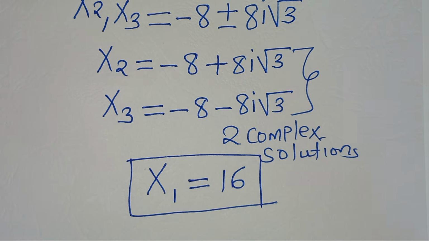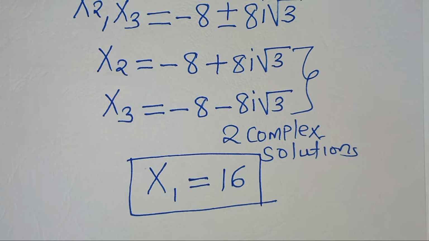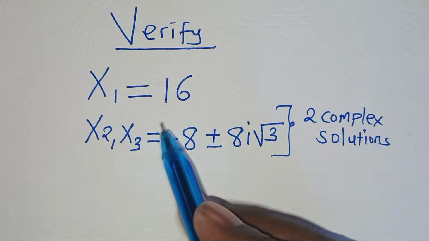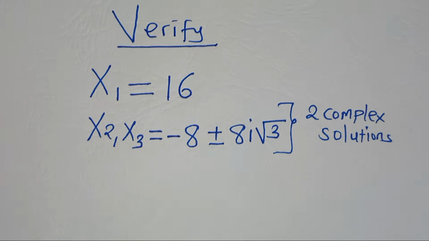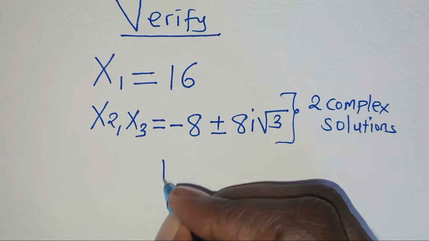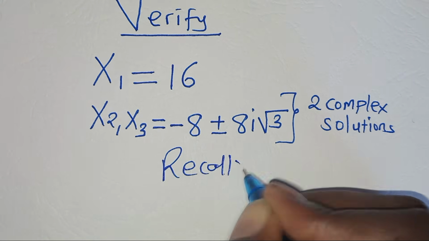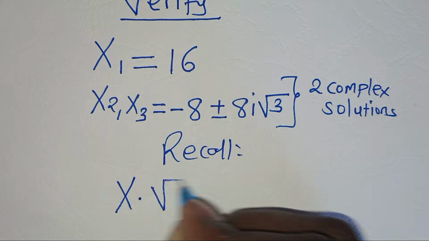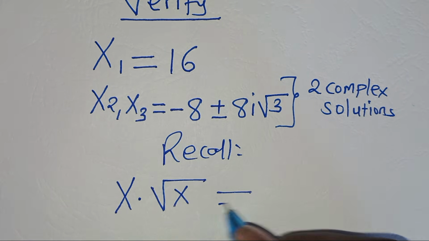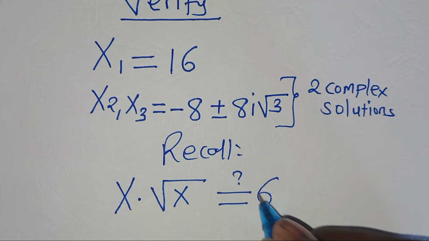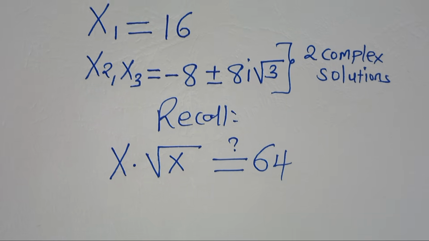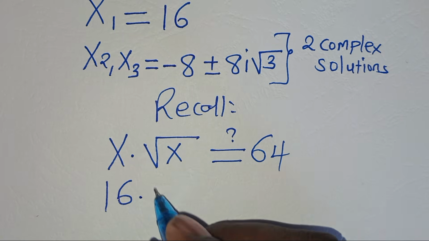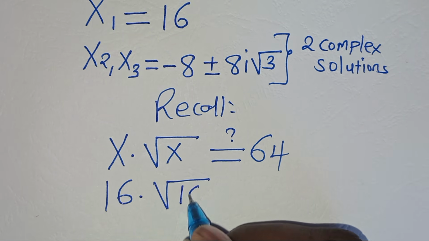Now, let's verify that this real solution satisfies the equation. If you recall, we have x multiplying by the square root of x. This should give us a value of 64. So x is 16, so we have 16 times the square root of 16.